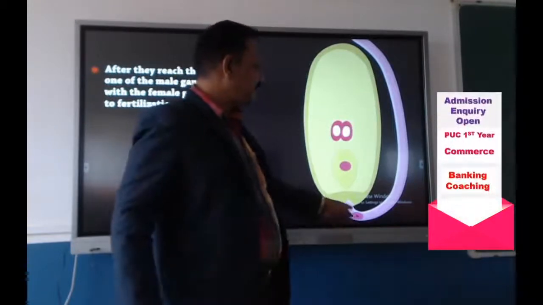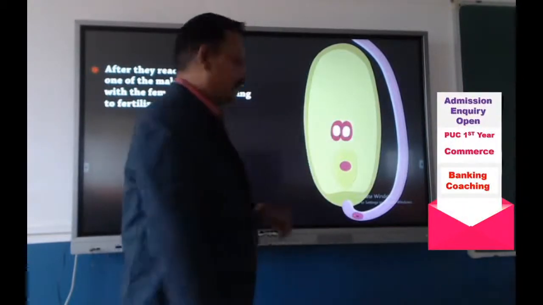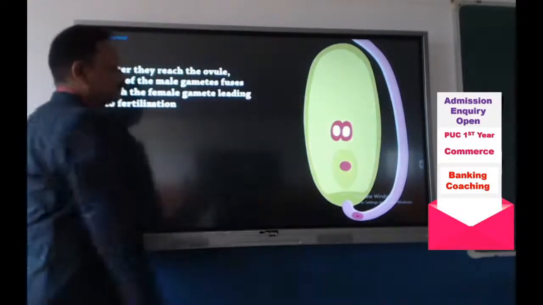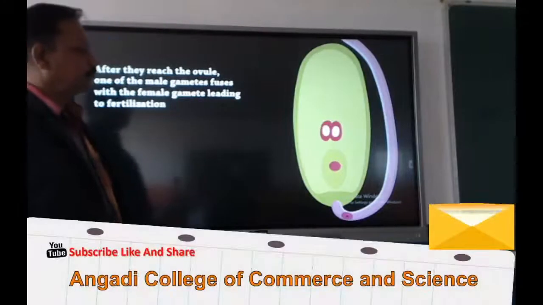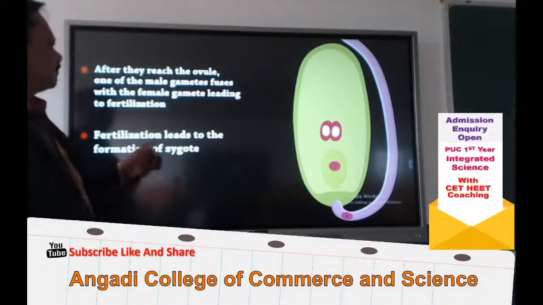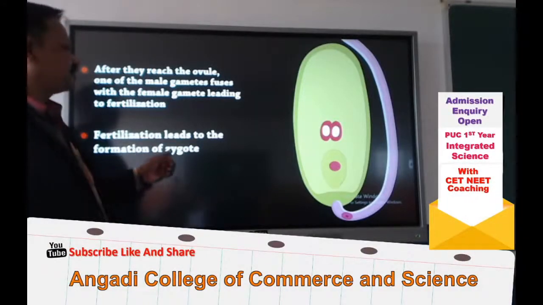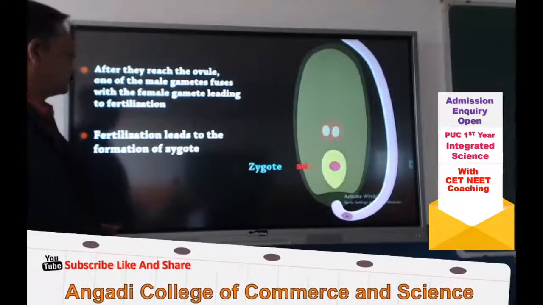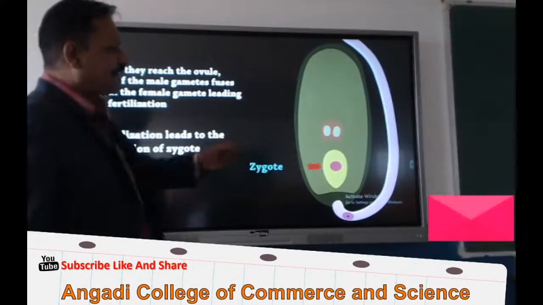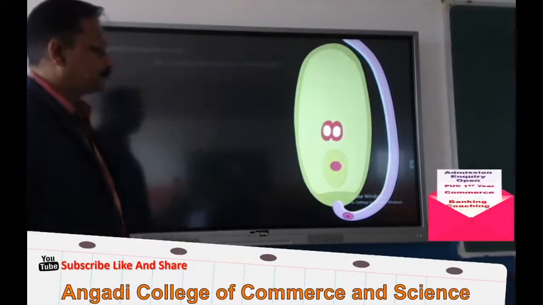Then the second male gamete comes to the central cell. Fertilization leads to the formation of a zygote.